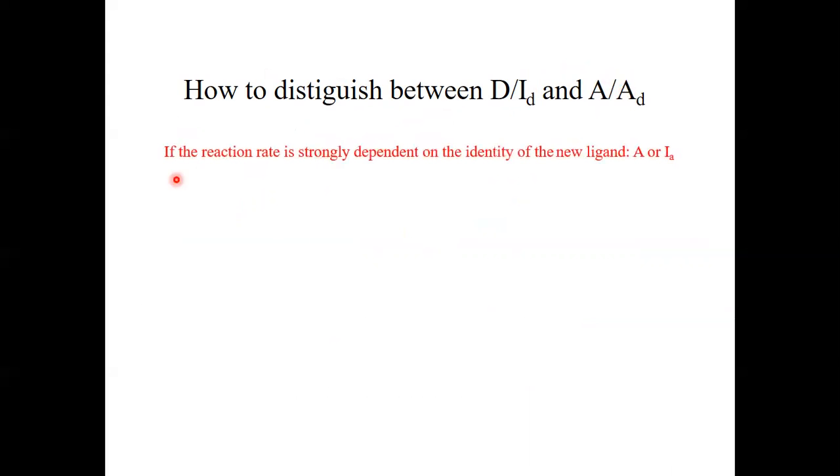In particular, if the reaction rate is strongly dependent on the identity of the new ligand, then it's rather A or IA. When the reaction rate is fairly independent of the new ligand, then it's probably a dissociative mechanism.